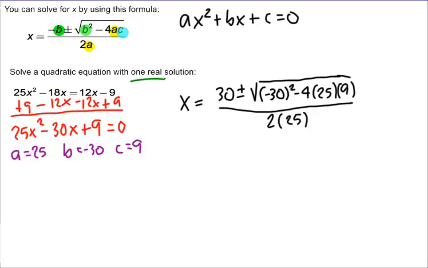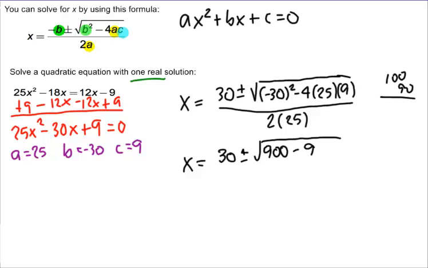But what we're going to end up with is 30 plus or minus the square root of, now 30 squared is 900, minus, and then 4 times 25 is 100, times 9 is also 900. So if you're not sure, double check your calculator.